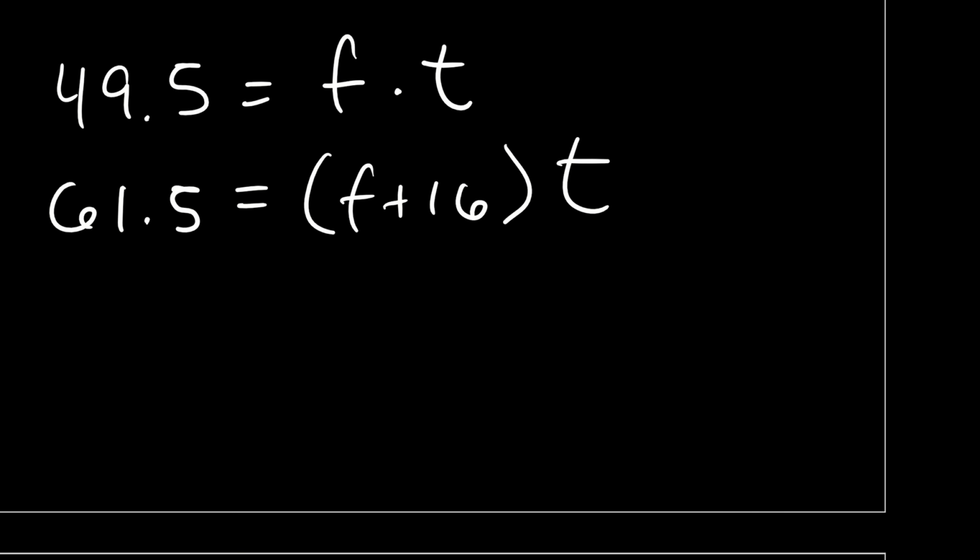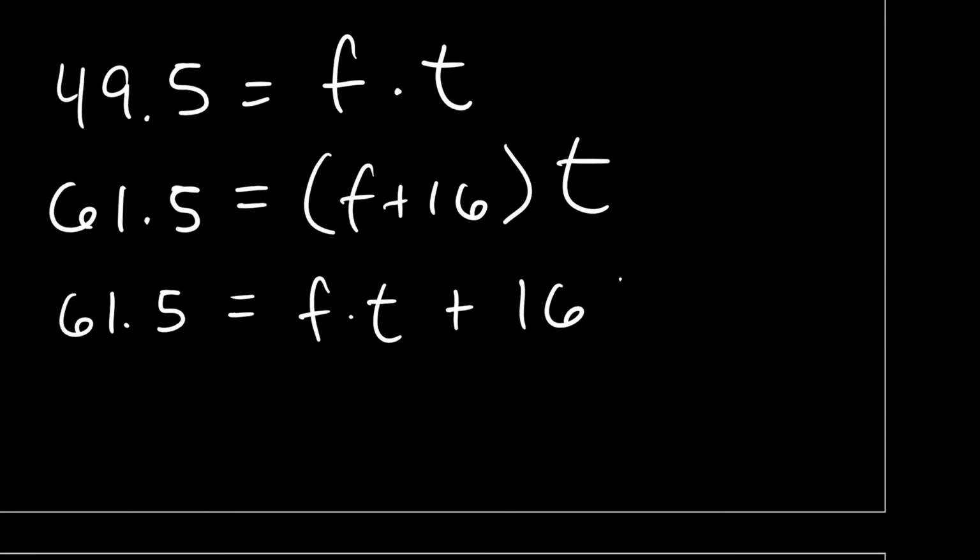So let's see. I'm going to distribute t in the bottom equation. That's going to give me 61.5 equals F times t plus 16t. What's sweet about that, and I didn't even plan this, is I just got this expression F times t, but I happen to know what F times t is from the first equation.